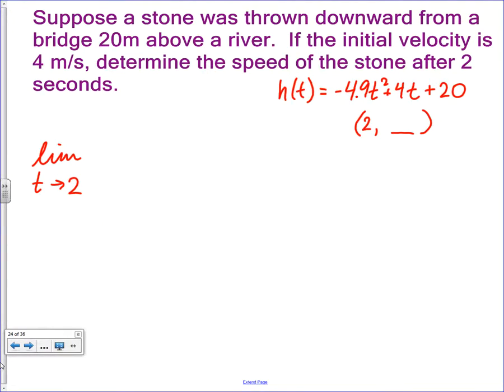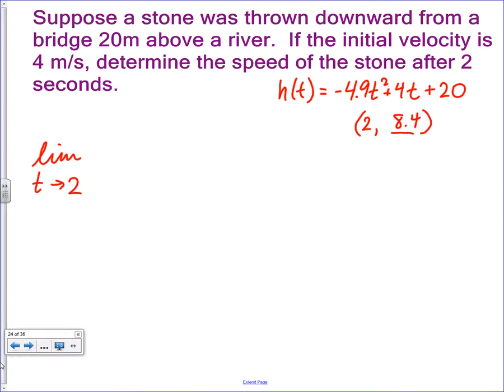The height of the object at 2 seconds. So tell me, when I throw that thing up into the air, how high is it after 2 seconds? Should be 8.4.